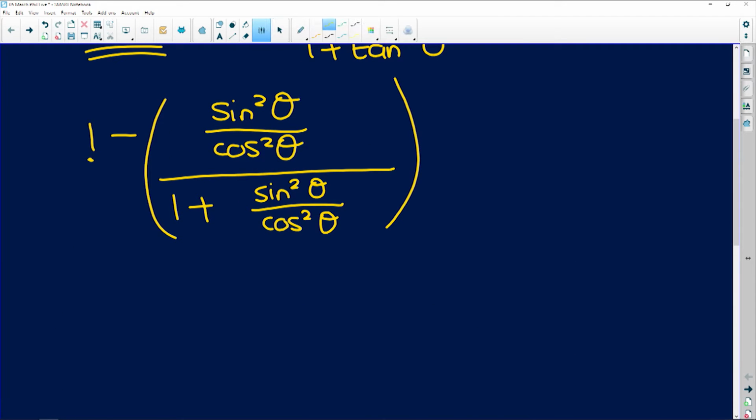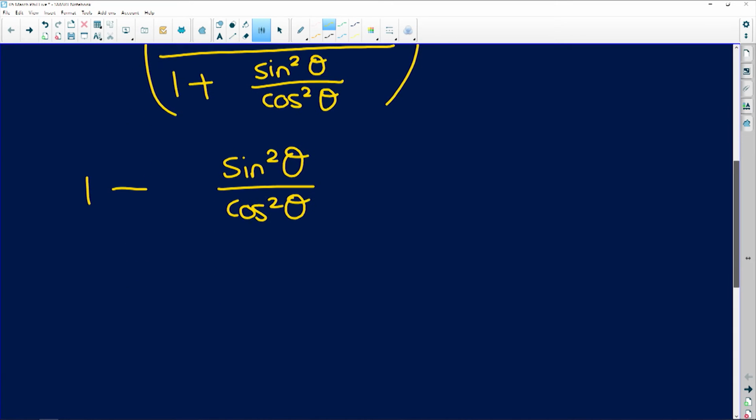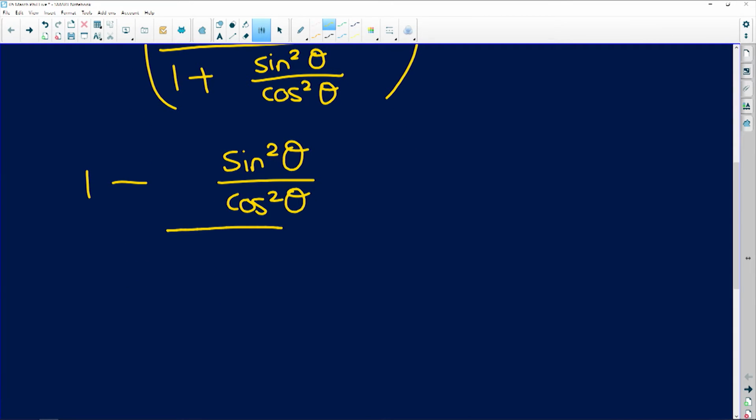Okay. So if I carry on manipulating this situation, I have 1 minus... The numerator can stay the same for now. And in the denominator, guys, I have 1 plus sine squared of theta over cos squared of theta. So if I want to add that 1 to this whole fraction, we find an LCD, which is cos squared of theta.